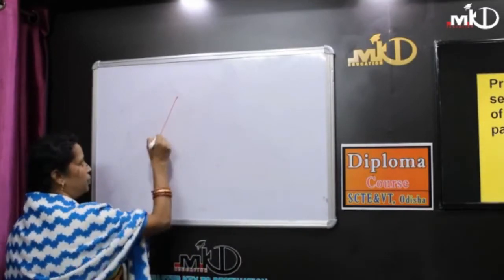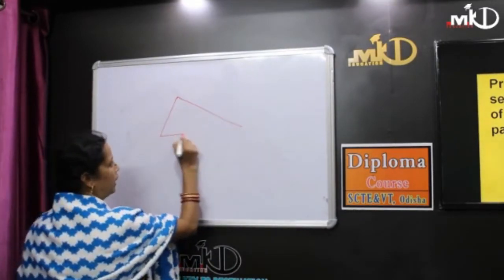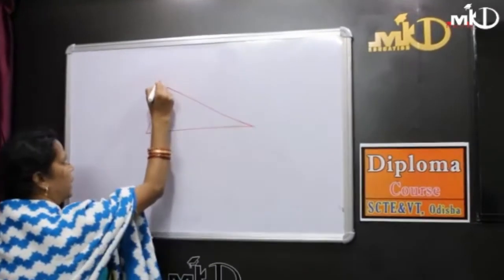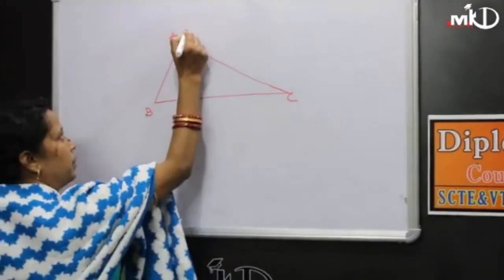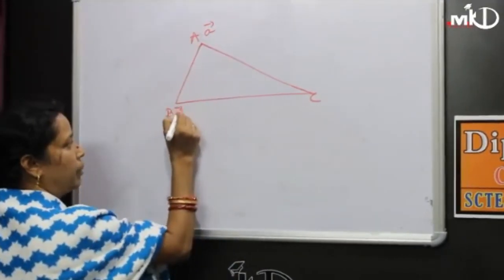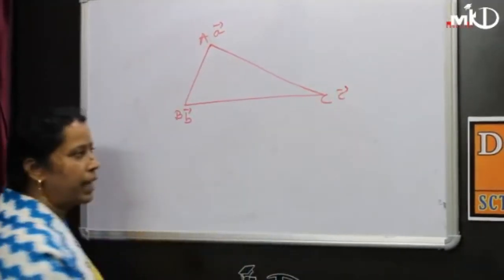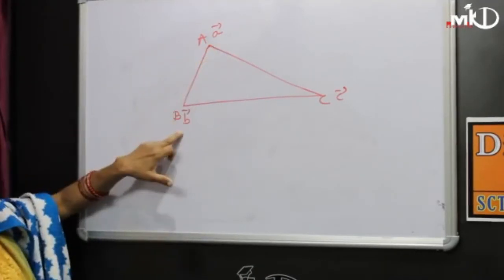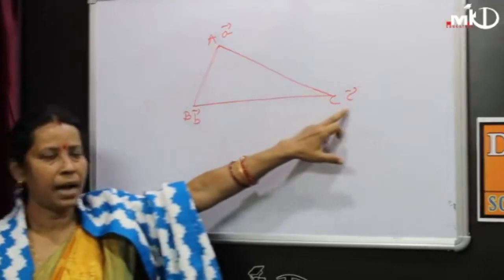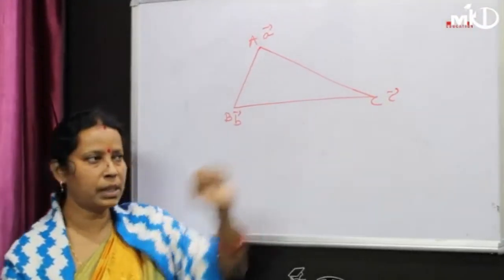Suppose we have a triangle ABC with position vectors A bar, B bar and C bar, that means OA bar is equal to A bar, OB bar is equal to B bar and OC bar is equal to C bar.